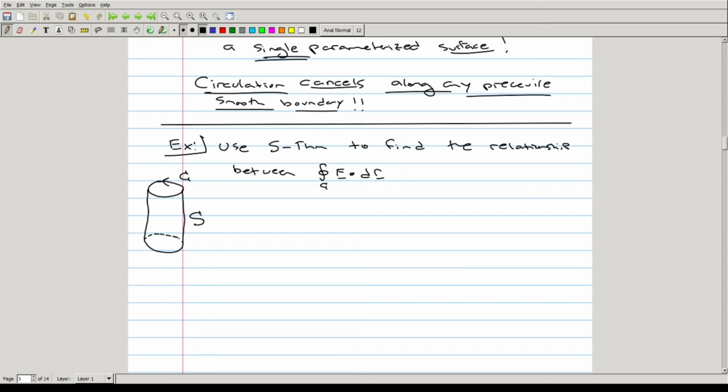So S is the bottom boundary and the side boundary, but not the top. So let's say, what's the relationship between the circulation around this curve right here and the flux of the curl on S?